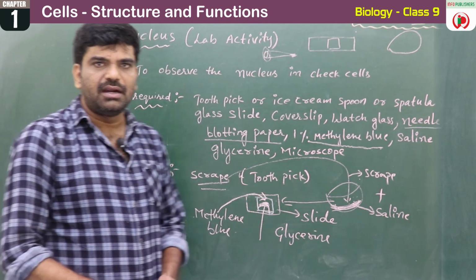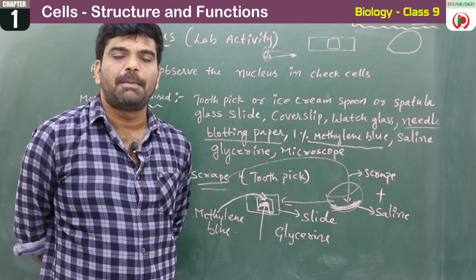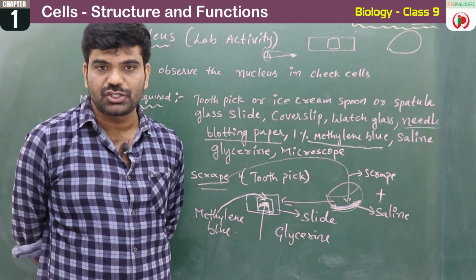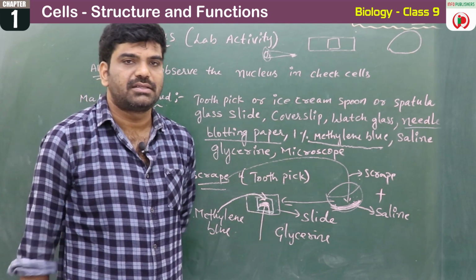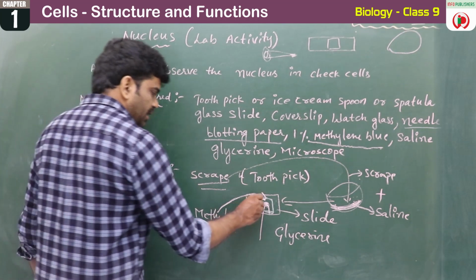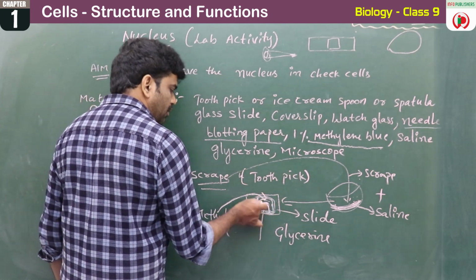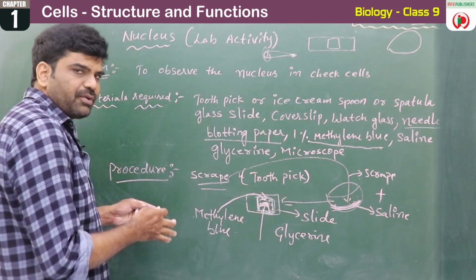Okay, so next one, tap the cover slip with the blunt end of the needle so as to spread the cells, so where the cells will be spread in this area only, but it won't come out from that cover slip, only in this area. So our procedure is ready.